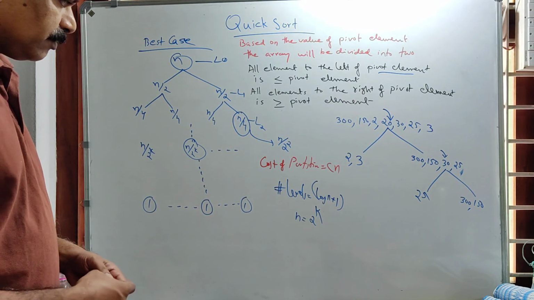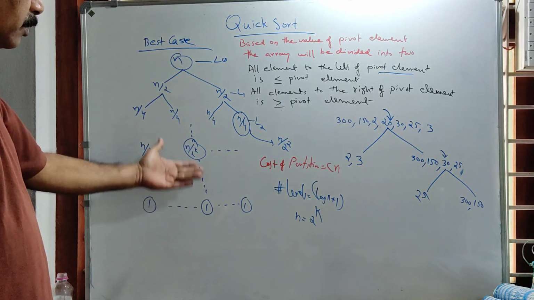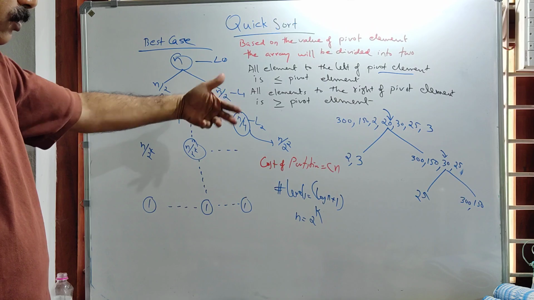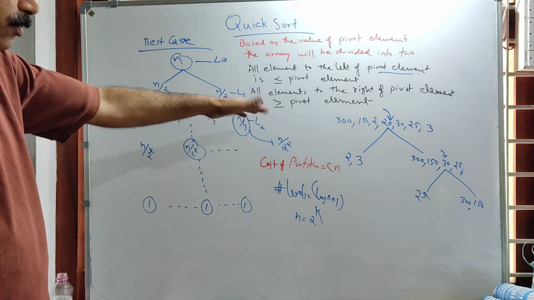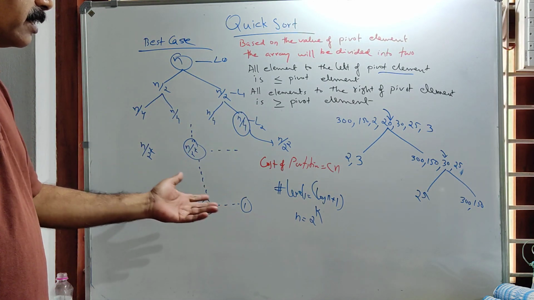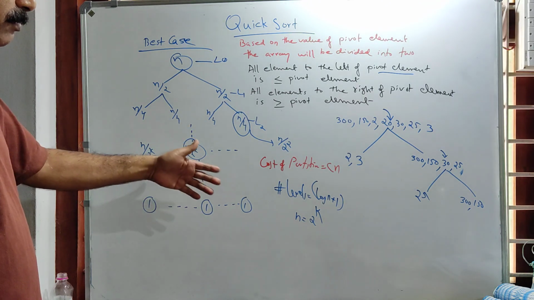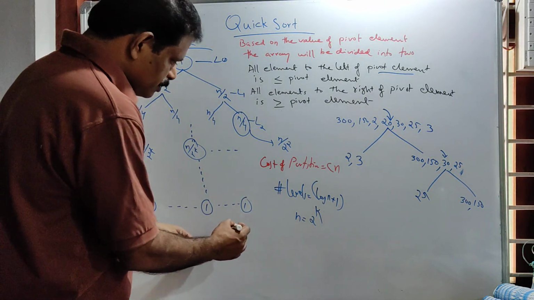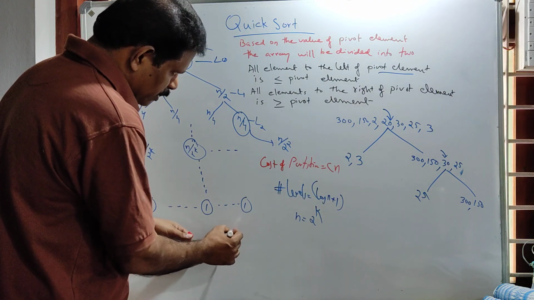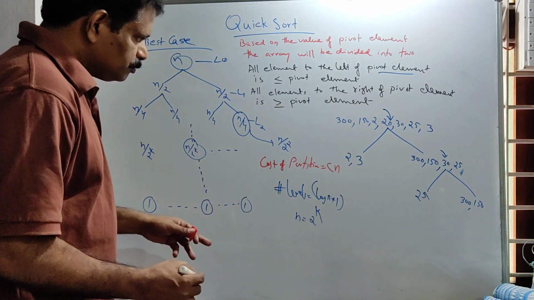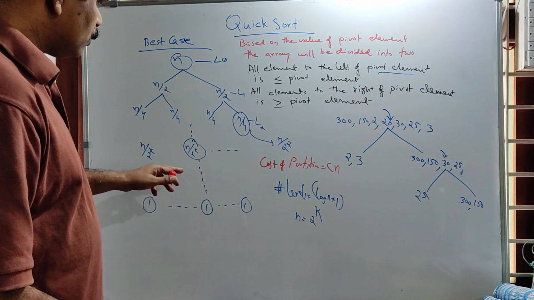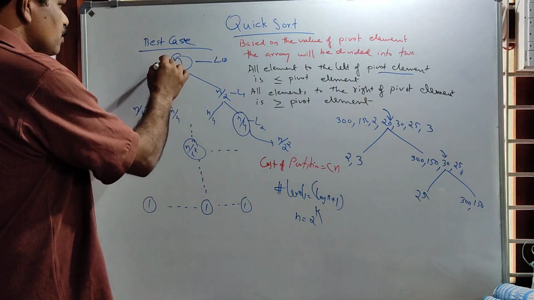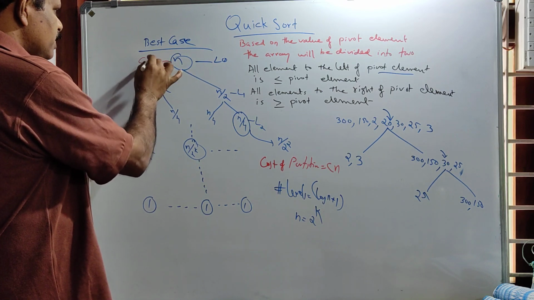Then what is the total cost of this tree? This recursion tree is similar to the recursion tree of merge sort. We already learned the analysis of that recursion tree. We can apply the same here. Since there are log n plus 1 levels and the cost of partition is Cn, so cost is Cn here.